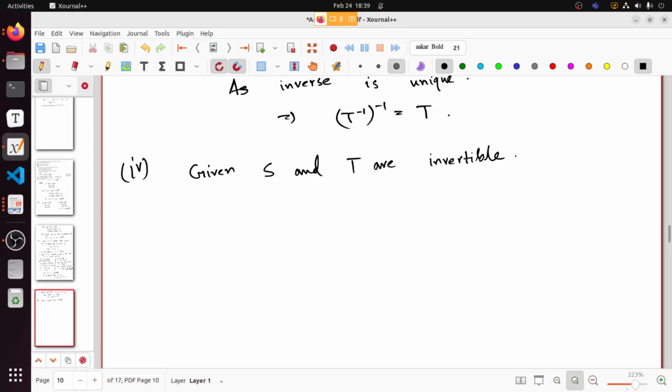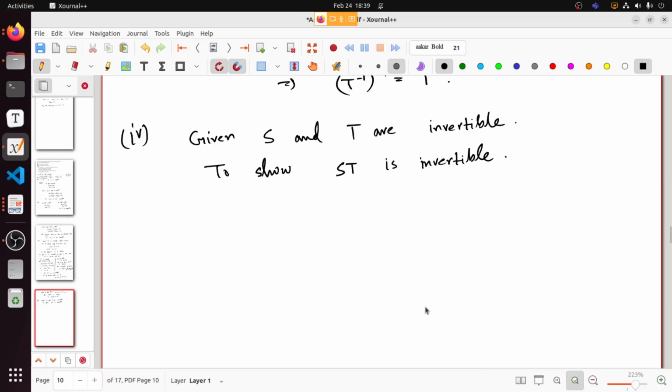To show that S compose T is invertible, we have to show that ST is 1-1 and onto. So let's first check ST is 1-1.